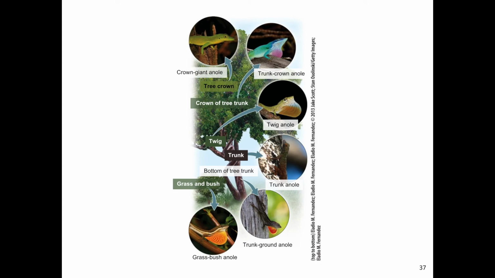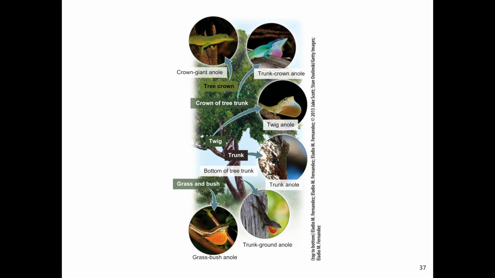And as a result of those few events, we have an explosion of diversity, dozens of species of anole lizards present on that island today. And they're all marked with huge evolutionary diversity that happened after the colonization.